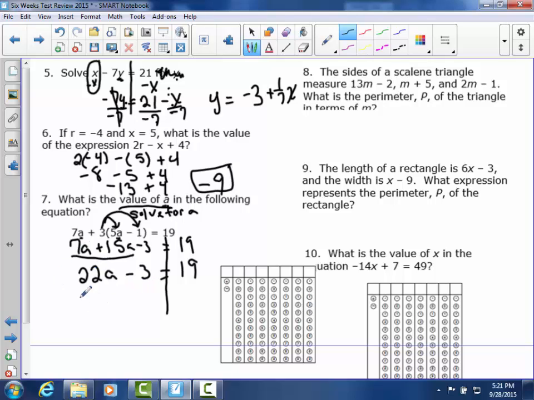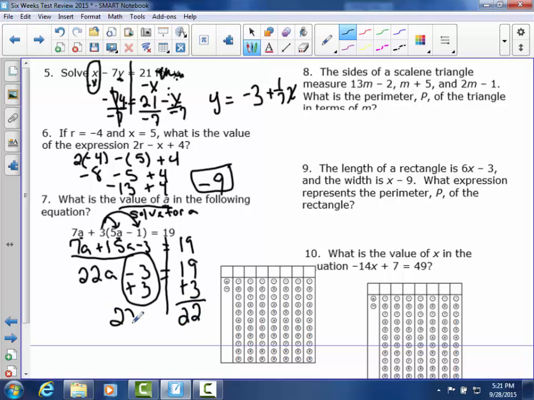So I just have a's on one side, constants on the other. All my a's are right here in that one spot, that 22a, so I'm going to remove the 3, and my constant is on the other side. So I'm going to add 3 to the right side, and I get 22.